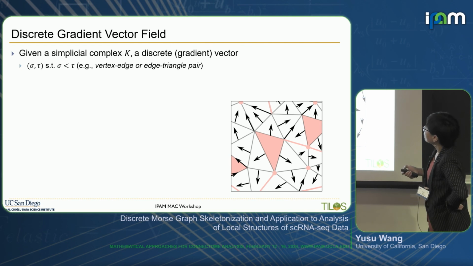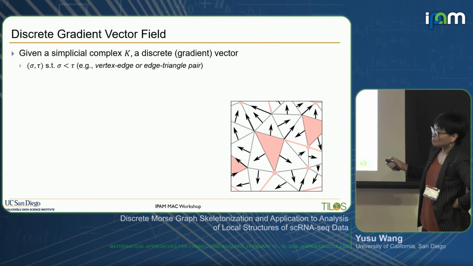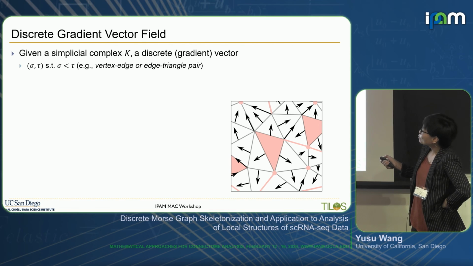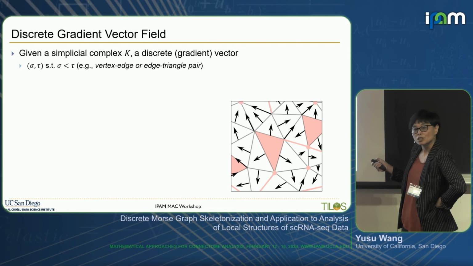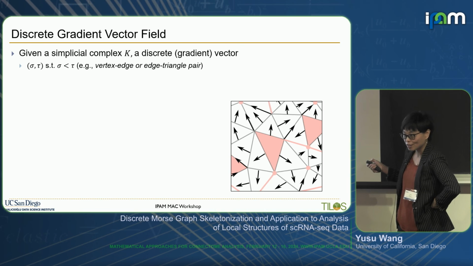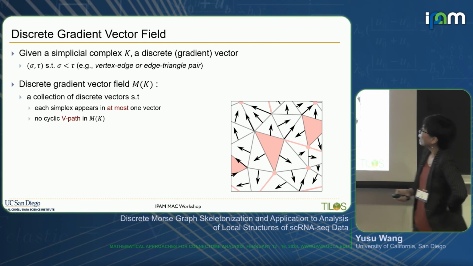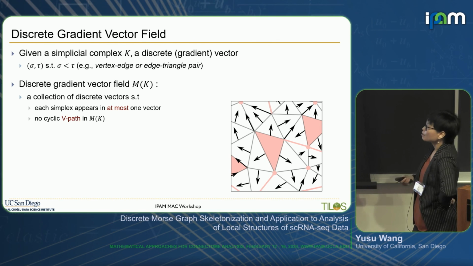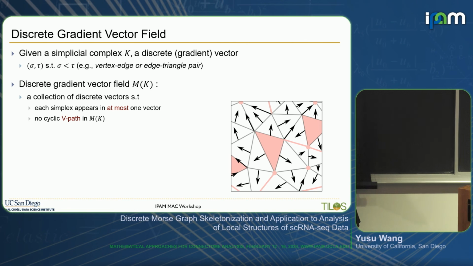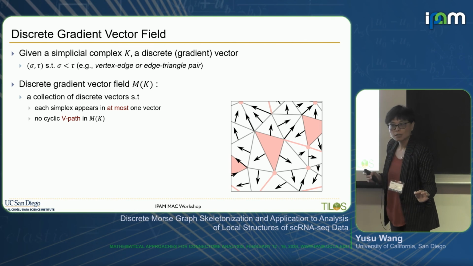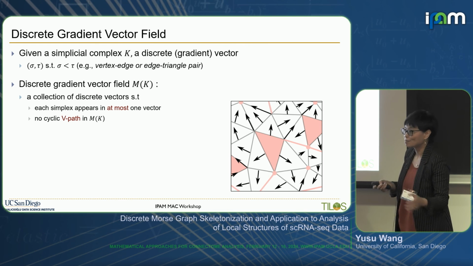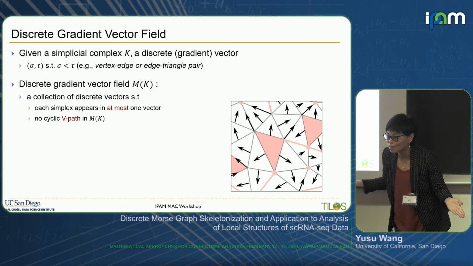Okay, so even though these are not really real vectors, the way I plot this, I hope you can see, you can still have this concept of flow direction, right? Because, for example, I can start from this edge and flow into this triangle, and I can choose this edge to go out and flow into this triangle and continue. So you still have this concept of flow paths, okay? And a discrete gradient vector field is just a collection of such pairs, as long as no simplex appears in more than one such pair, because at any moment you should have only one gradient, okay?